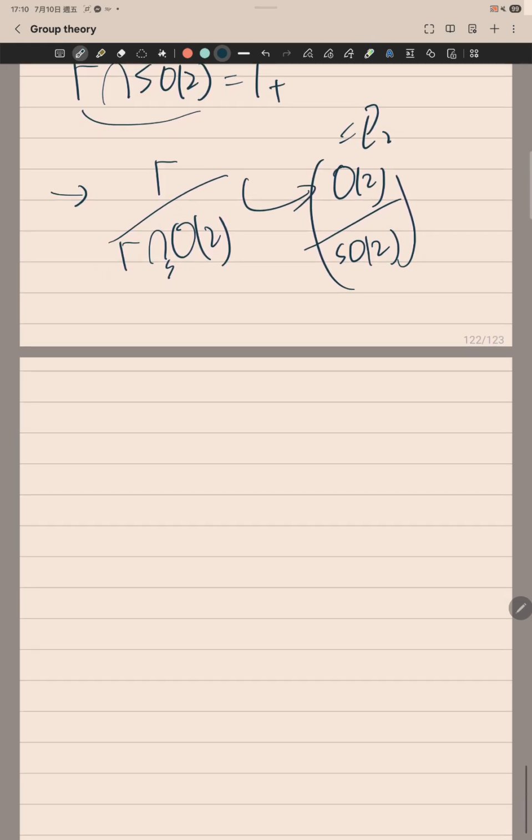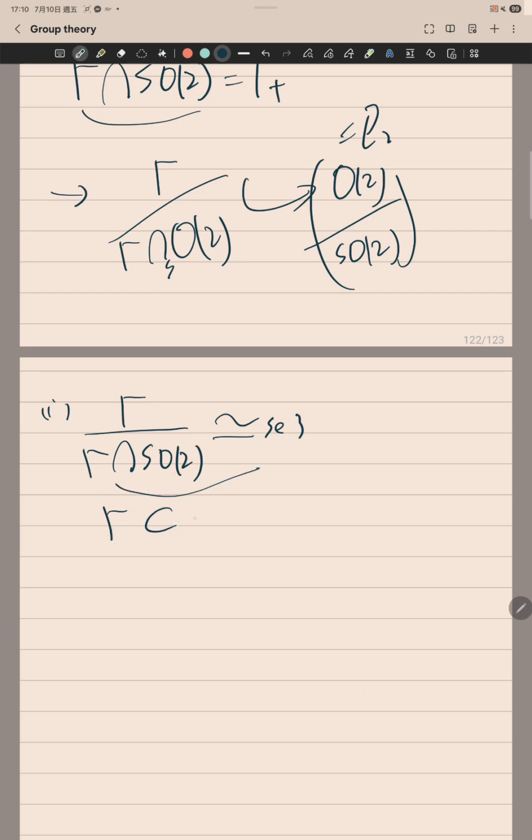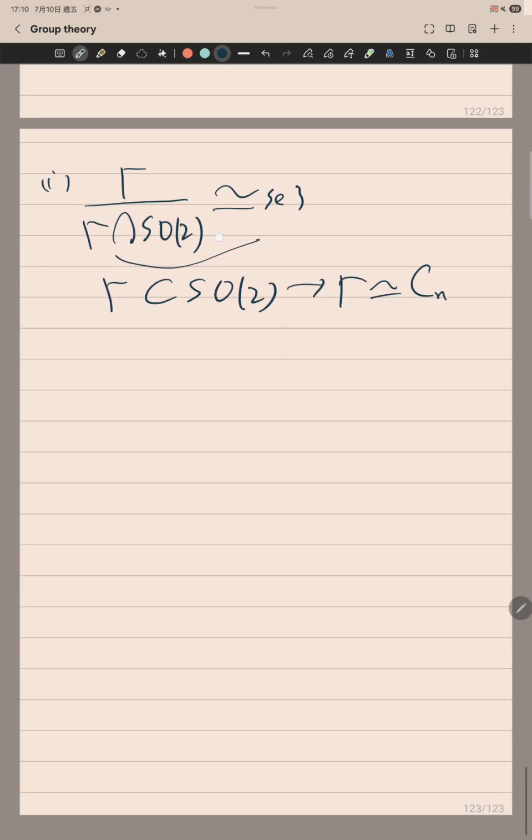So there are only two possibilities. The first is that gamma quotient gamma intersection SO2 is isomorphic to the trivial group. In this case gamma is basically a subset of SO2 because their sizes, or their cardinalities, are the same. Then gamma is just the cyclic group of order n.